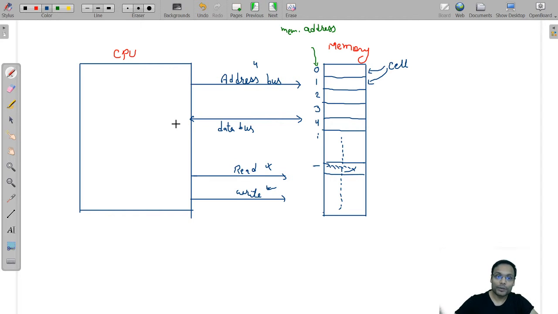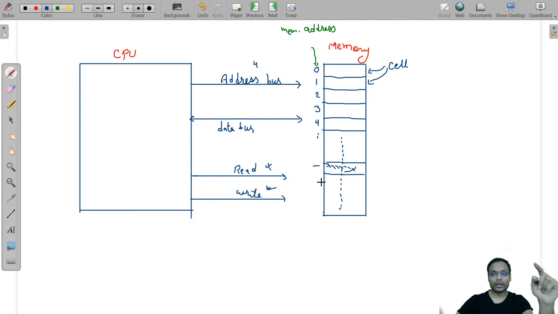In the memory write operation, data will go from CPU to memory. So this data bus will carry the data in both directions. When there is a memory read operation, the data bus will carry the data towards CPU. When there is a memory write operation, CPU will send the data towards memory. So this data bus will be used for transfer of data in both directions.